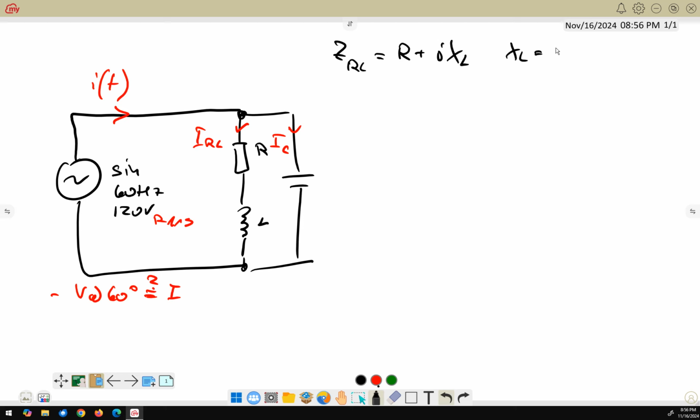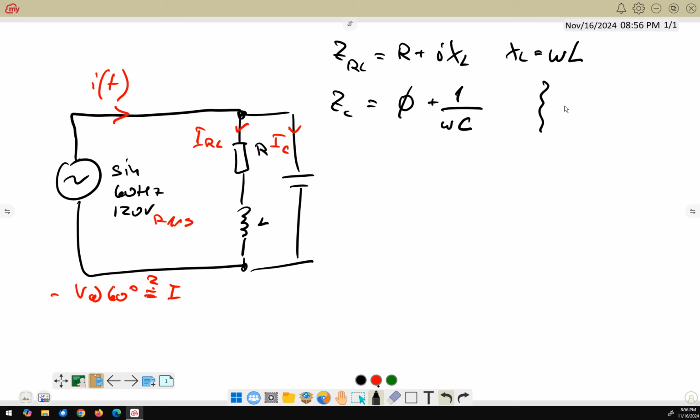XL is omega L. The impedance of the capacitor is 0 plus 1 divided by omega C.